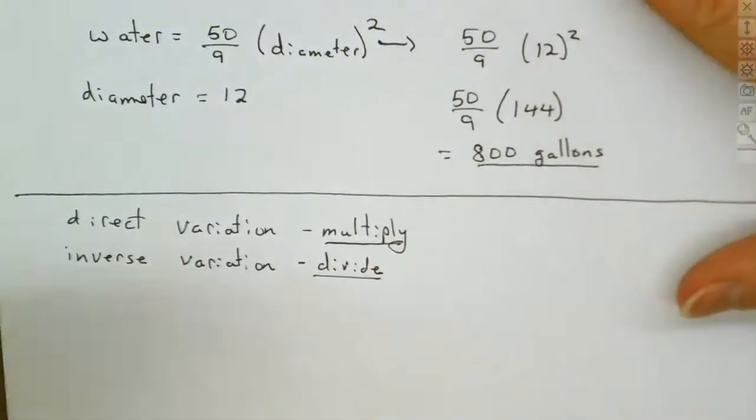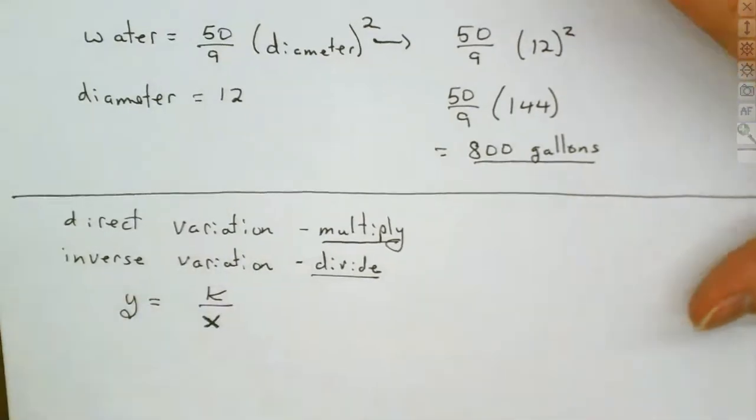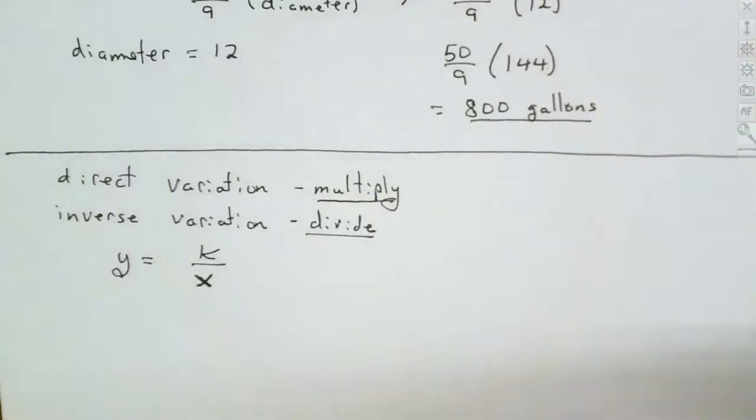Inverse variation, we divide. And inverse variation looks like y equals k over x. And sometimes when something goes up, something else must go down. Right? With direct variation, if one goes up, the other one goes up. But in inverse, if one goes up, the other one goes down because it makes a fraction. And this happens a lot depending upon how the forces go together.